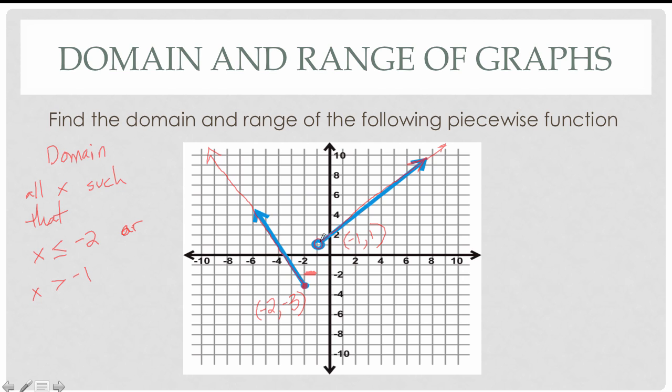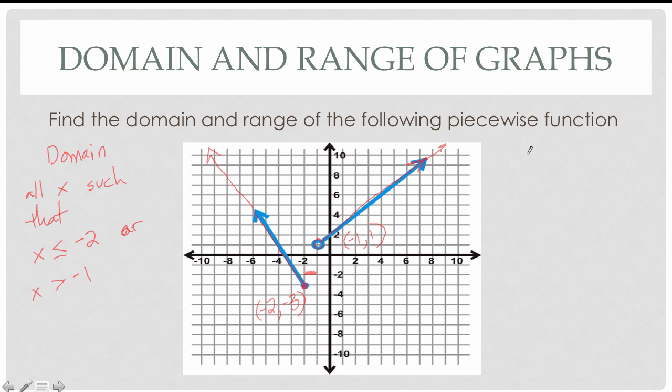Not equal to, because it's an open circle. It's not filled in, so it doesn't work at that point. So the domain, this function only works if x is a value less than or equal to -2, or it's greater than -1. If it's in between -2 and -1, this little gap right here, it's undefined. That is not in the domain.